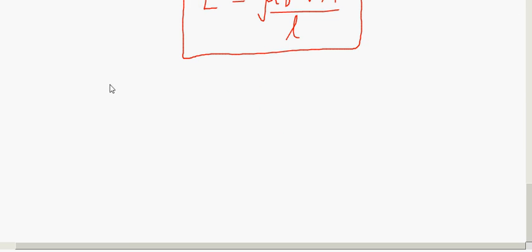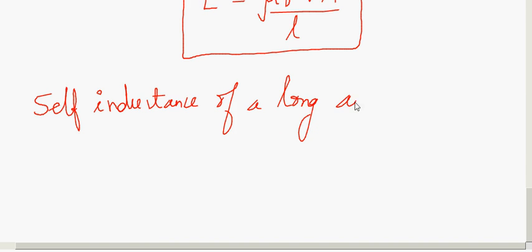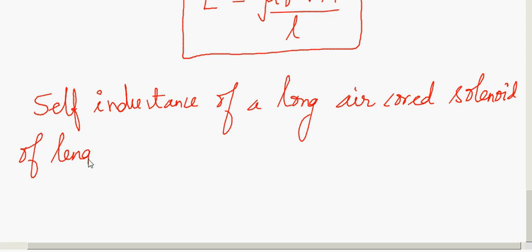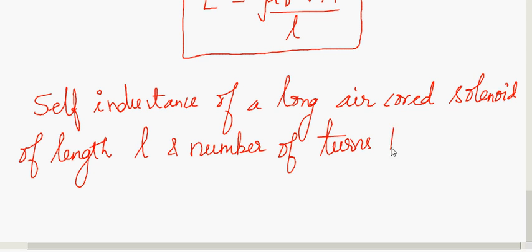So finally you can write: self-inductance of a long air core solenoid of length L and number of turns N is L equal to mu naught N square A by L.